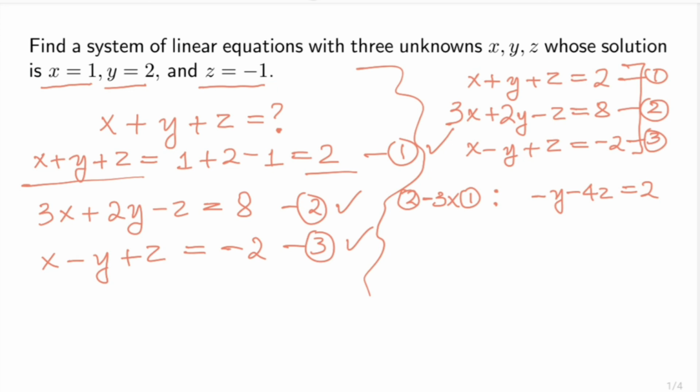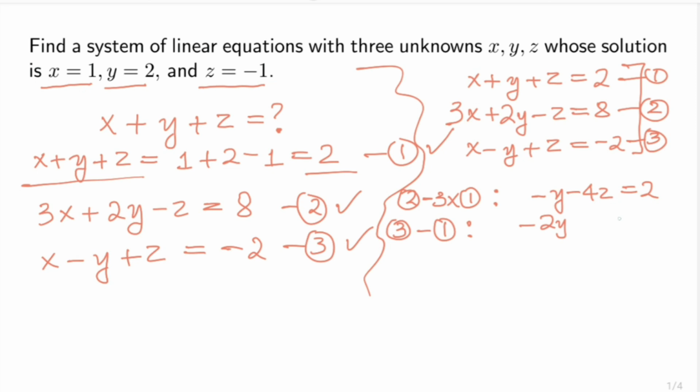And then we can eliminate x from equation 3 as well. And we do that just by subtracting equation 1 from equation 3. So equation 3 minus equation 1, what does that give us? Well, x minus x, so the x's go away. Then we have minus y, that's minus 2y. And then we have z minus z, so the z's go away.